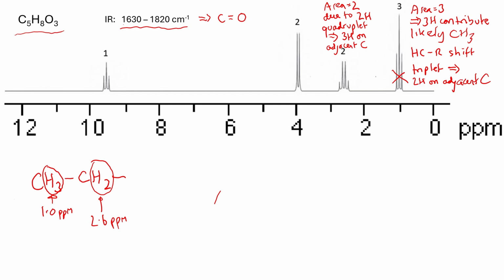And the chemical shift is going to be really important, because we know that there's got to be something on the end of that structure attached to the CH2, and the chemical shift is going to give us a clue about what that is.